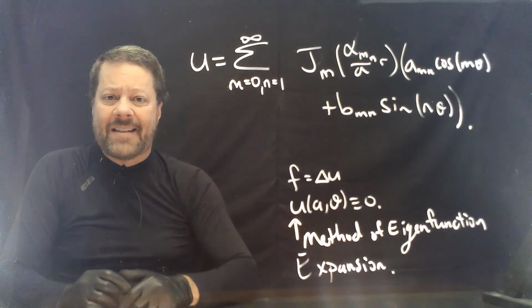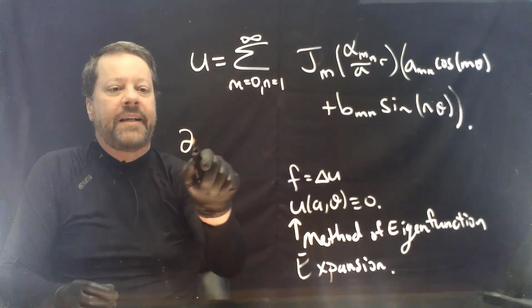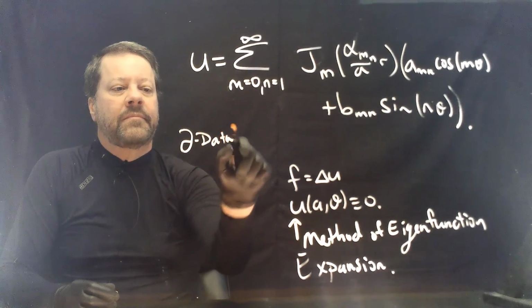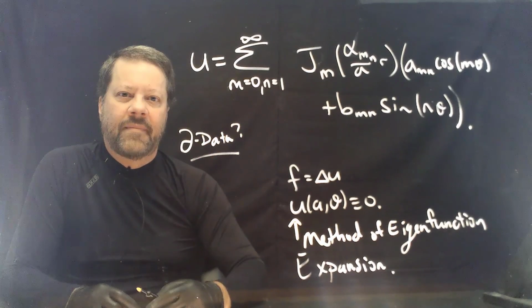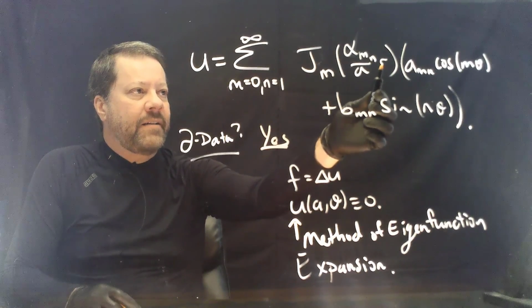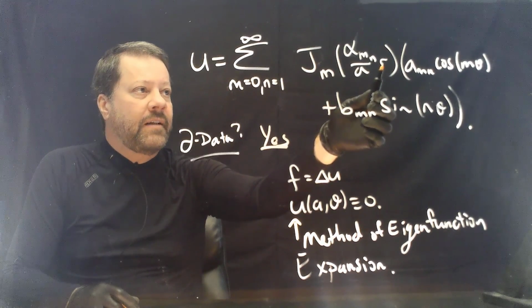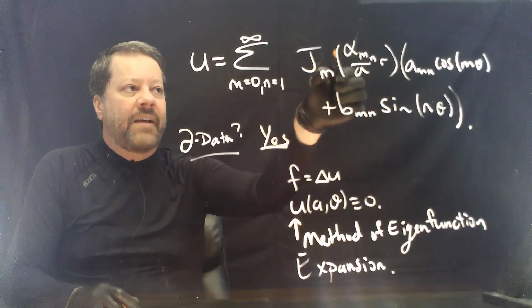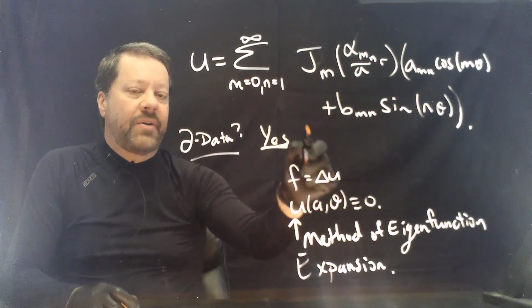One question to ask is, does this satisfy the boundary data? The answer is yes, because when you evaluate this Bessel's function at a, you're evaluating then at a root, and so you get 0.